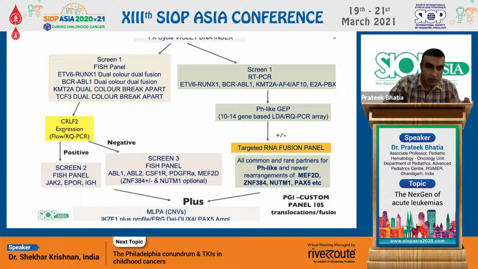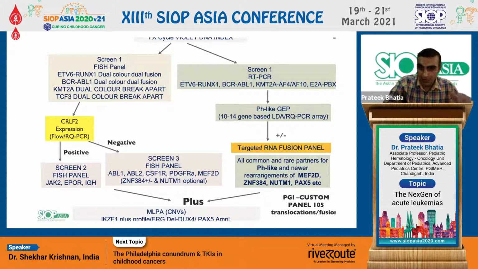If you are following the FISH approach and this is positive, you can use this screen. If it's negative, go in for this screen, and you can add the newer genetic abnormalities like MEF2D. These are optional, but because MEF2D has poor prognosis, you can use these probes if you wish to detect them.